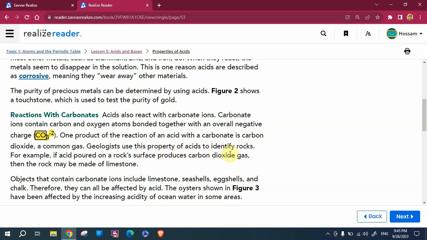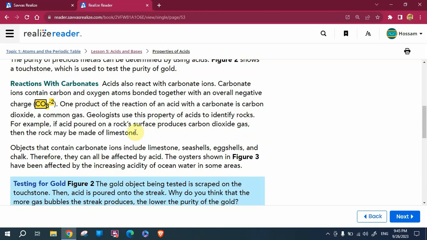Geologists use this property of acid to identify rocks. For example, if acid poured on a rock's surface produces carbon dioxide gas, then the rock may be made of limestone, because limestone is calcium carbonate, so the presence of carbonate ion means the production of carbon dioxide gas.